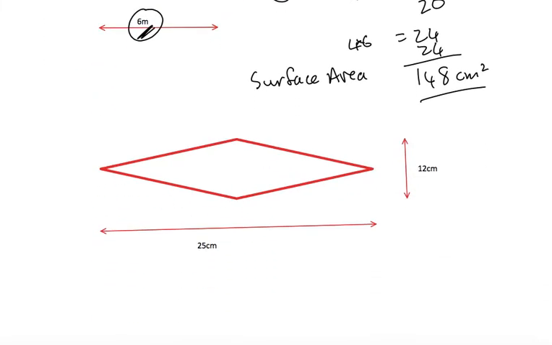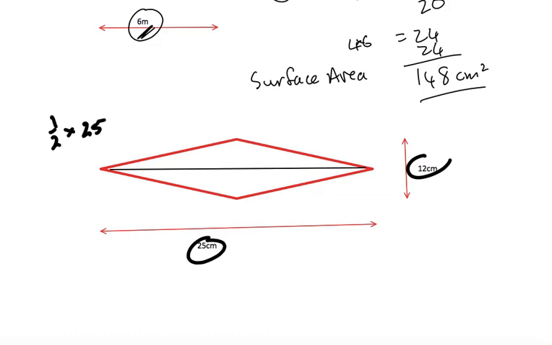When you've got a shape like this, again, we can divide it into triangles. So I'm going to divide this into a triangle by going along here and making it 2 triangles. So the top one is half base times height. So I'm going to do half of the base, which is 25, and the height is 12.